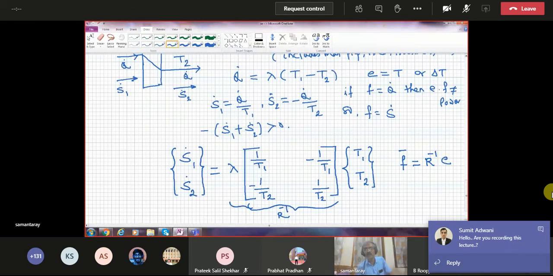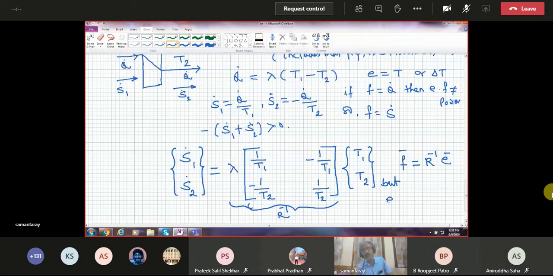But E bar is R F bar, and this R does not exist, because you see this matrix is singular, its determinant is zero.